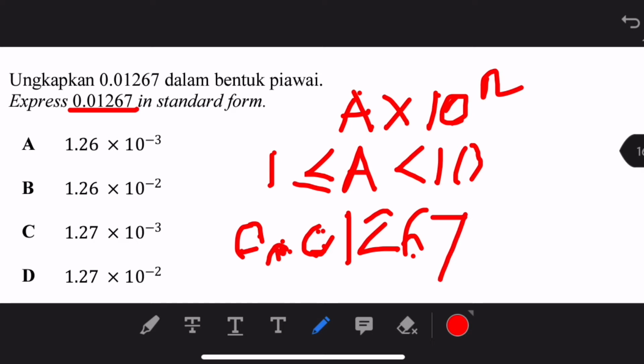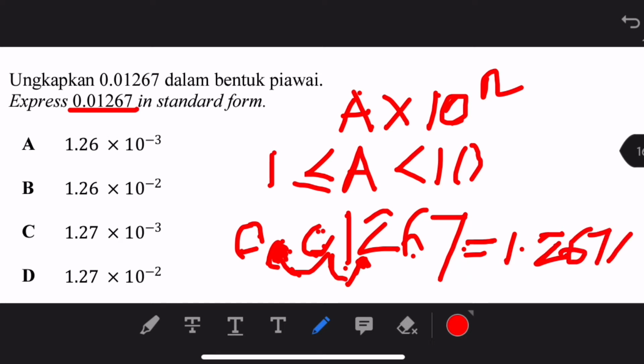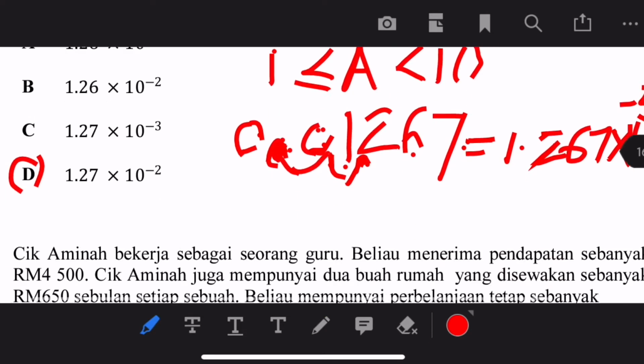From here we will move to 1 and then 2, so it will become 1.2. So if we write, it will be 1.267. Okay, 1.267 times 10 to the power of negative 2. Alright, so if you round off, you will get the answer, which is D.